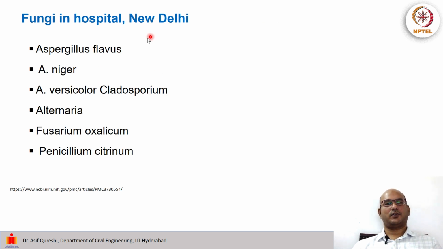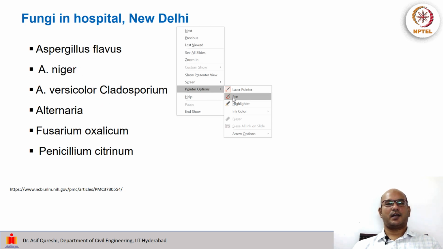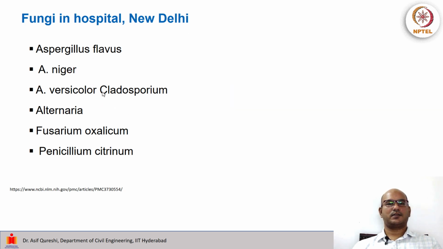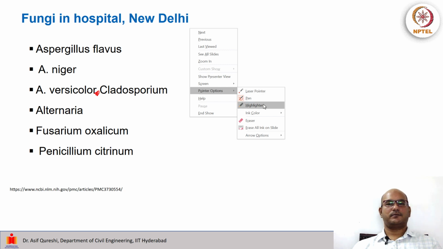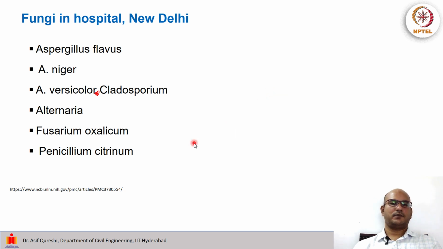In hospitals also the same observations have been found. Now this is a separate one: Aspergillus flavus, niger and versicolor, and in another one Cladosporium will be there, Alternaria, Fusarium oxysporum, Penicillium citrinum.